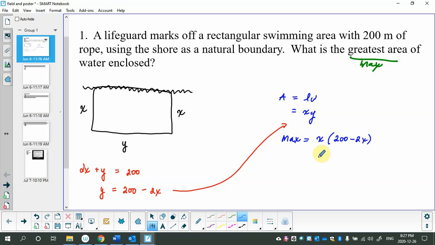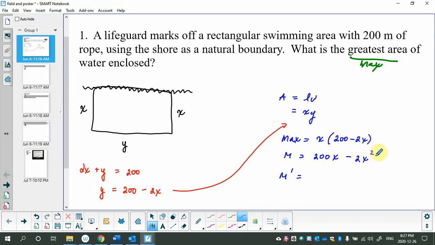Because I don't want to do the product rule, I'm going to multiply this out. I don't have any like terms to collect, so I'm going to leave this quadratic out of order, because all I'm going to do now is take the derivative.